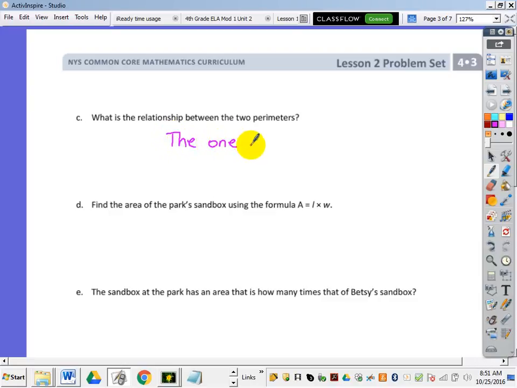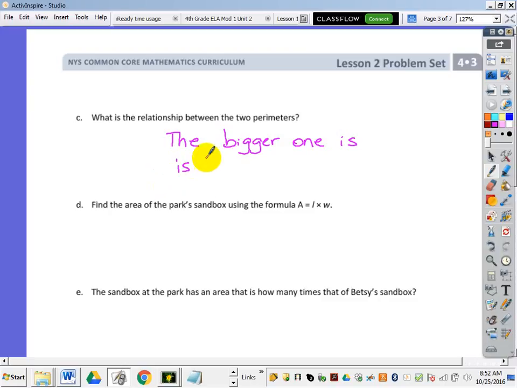Should I call it the bigger one? How about the bigger one? The bigger one is... You want to say double or twice? Which one do you like? Twice as big?